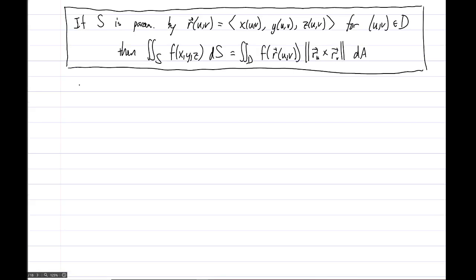Now let's take a look at an actual example. All right, so let's integrate the function f of x comma y comma z equals the fraction y over xz plus 8x squared over the surface capital S, which will be given by a drawing.